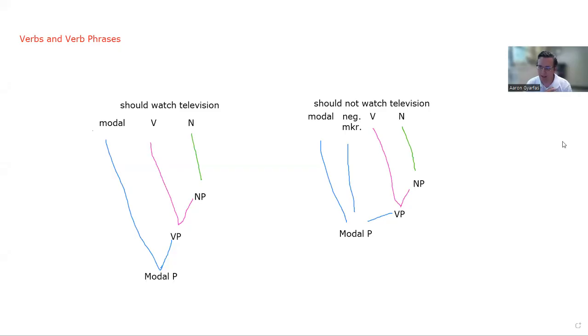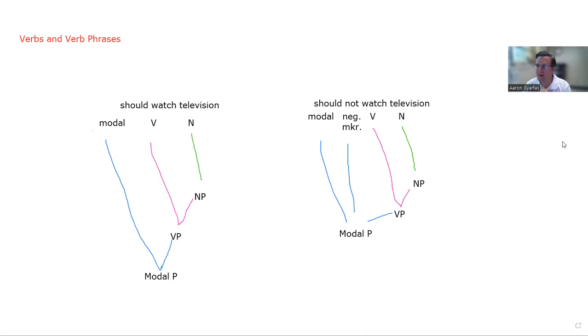There we go. Don't know how that happened, but the modal, negative marker, and the verb phrase all come together, right, to make a modal phrase.